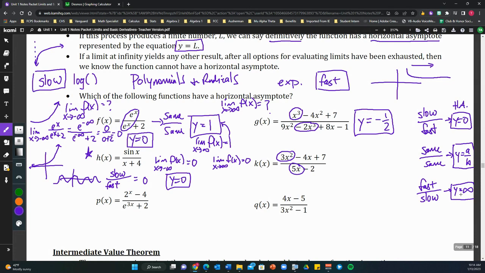Because of that, this would have no horizontal asymptotes, because again, the limit as x approaches negative infinity or positive infinity, actually I should separate them. As x approaches negative infinity, if we think about it graphically, the top is a quadratic.